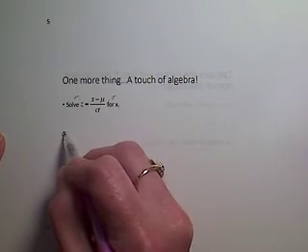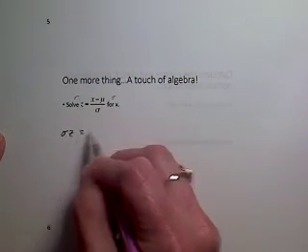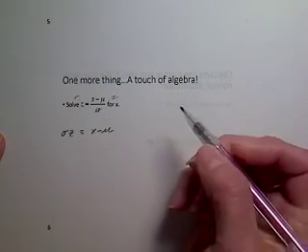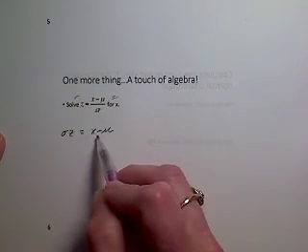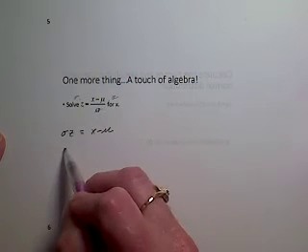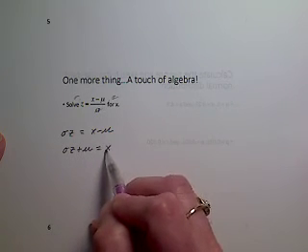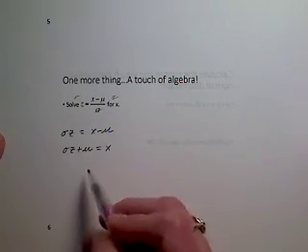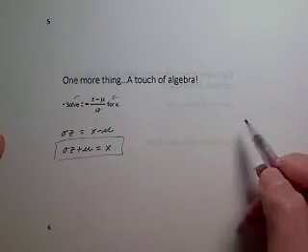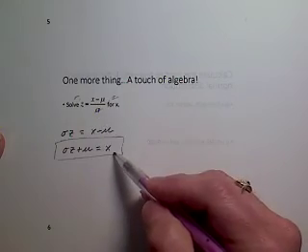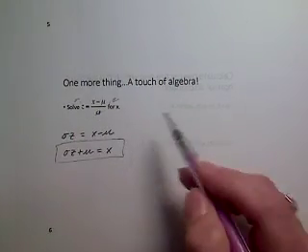So I've got sigma z, and then sigma cancels. I have x minus mu. To continue solving for x, I add mu. So I have sigma z plus mu equals x. This is a second form of this formula for z that we will use later, and it'll be really handy.